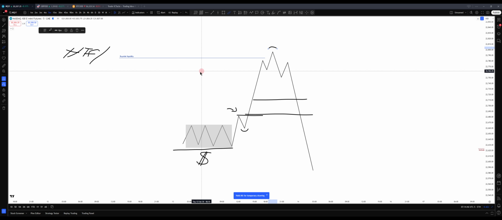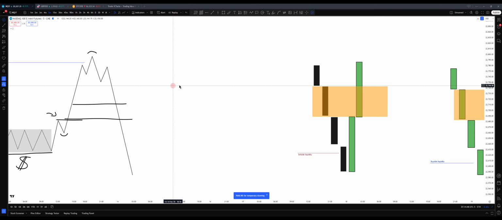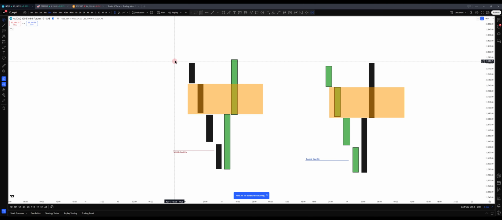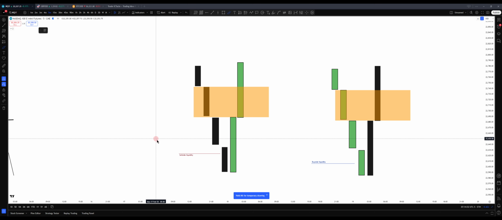So something else is this type of formation right here. Let's say there is a sell side liquidity right here. Price goes to it very quickly and with less time. Like in a couple of minutes, the sell side is taken out.